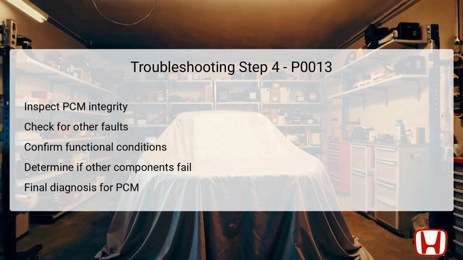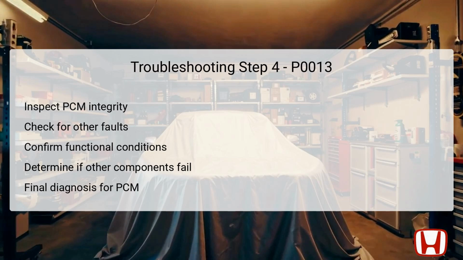The final step in the troubleshooting protocol for DTC P0013 involves a comprehensive inspection of the PCM's integrity after completing the previous checks. If all other components and connections appear to function correctly, it may indicate that the PCM itself is the source of the malfunction.